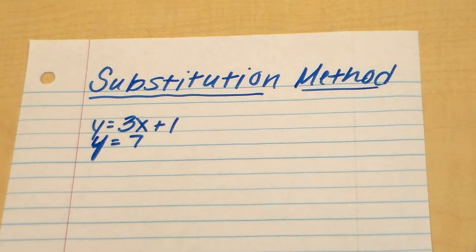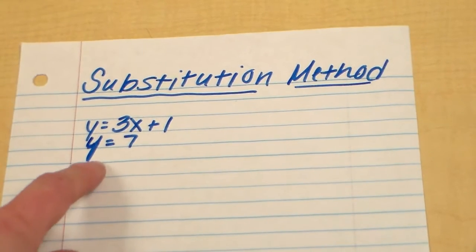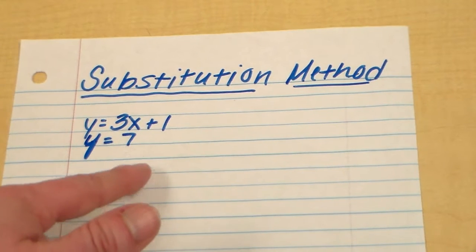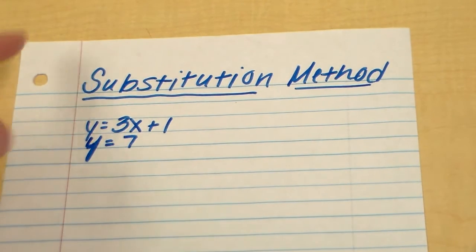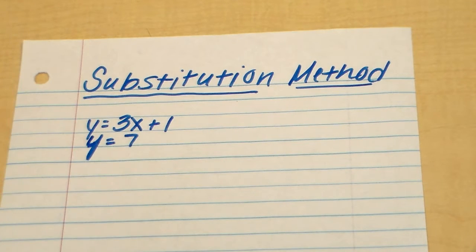all we're really doing with the substitution method is exactly how it sounds. We're substituting. So the key things to remember, and some of the mistakes we made that I think we learned from, we're making sure we plug in the right number for the right variable. So if this is y equals 7, I should be substituting it into the other equation for y, not for x, and vice versa if you knew what x was.